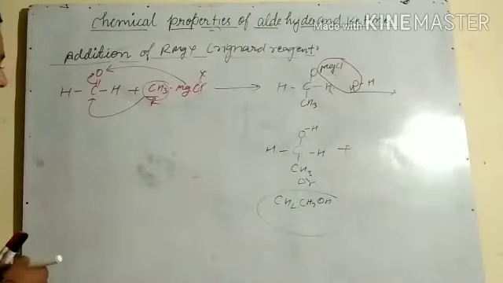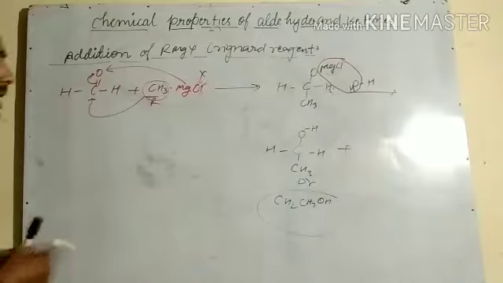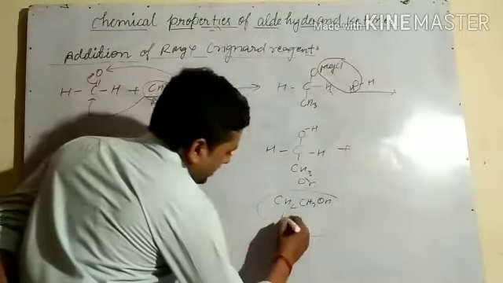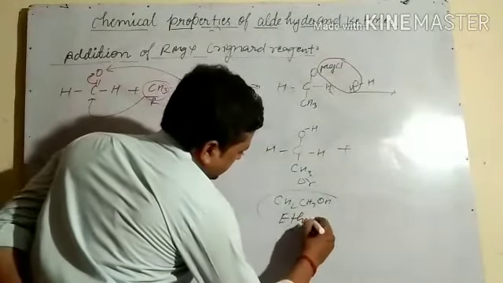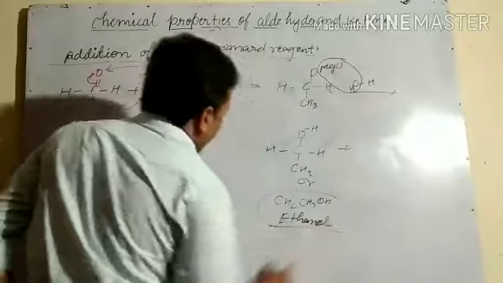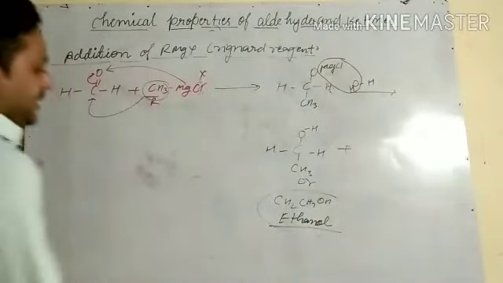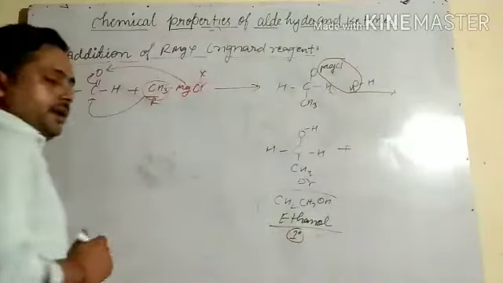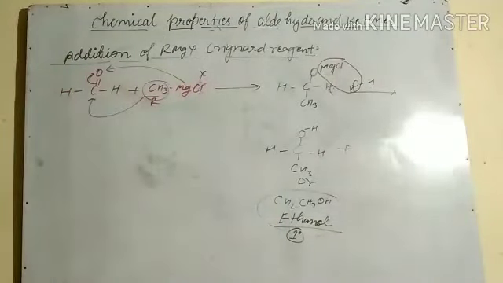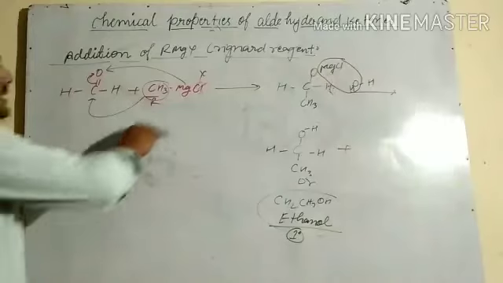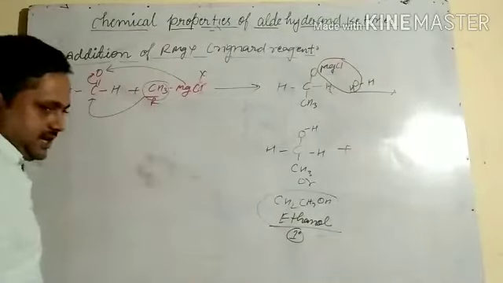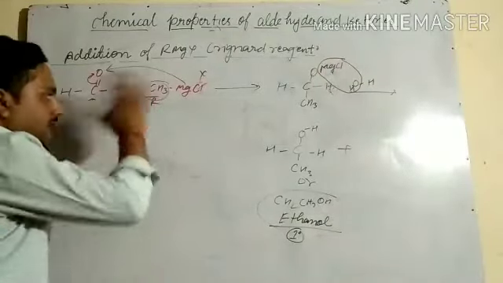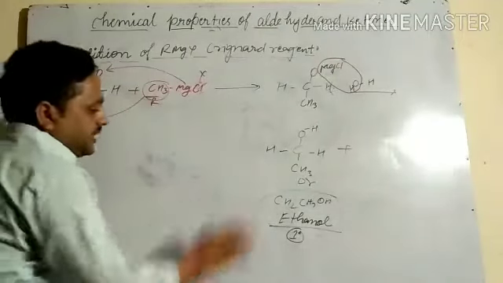If we write the IUPAC name, the name of this compound will be ethanol, and that is primary. So how did we get the primary? If we take formaldehyde and methyl magnesium halide or ethyl magnesium halide, whatever we want, we can take. So we get a primary alcohol.